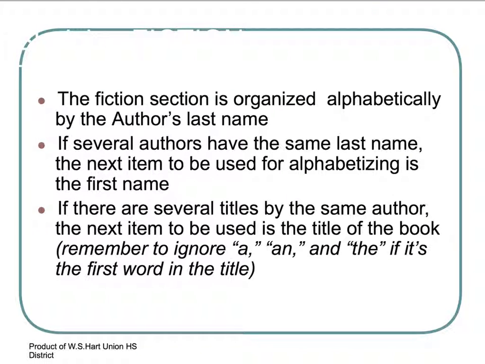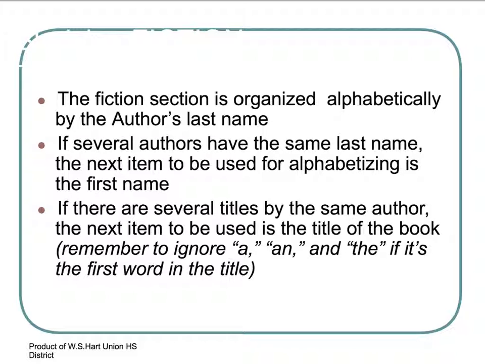Our fiction section is organized alphabetically by the author's last name. We use on the shelf label the first 3 letters of the author's last name, but for shelving purposes, you need to know the whole last name, not just the first 3 letters. If several authors have the same last name, the next item to be used for alphabetizing is the first name.